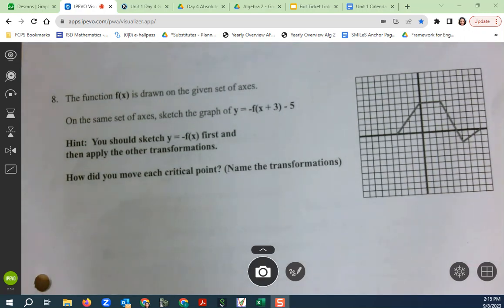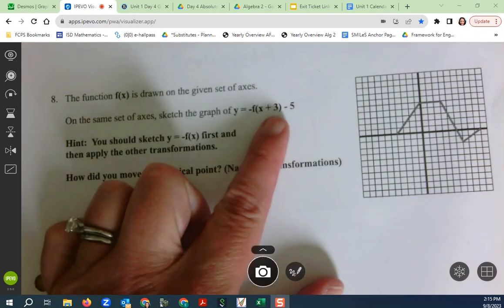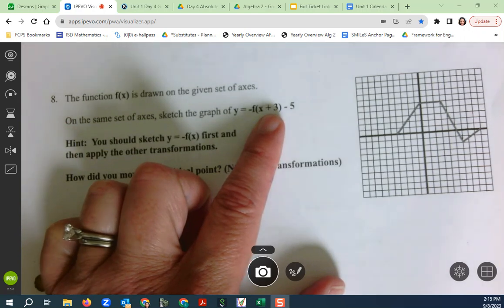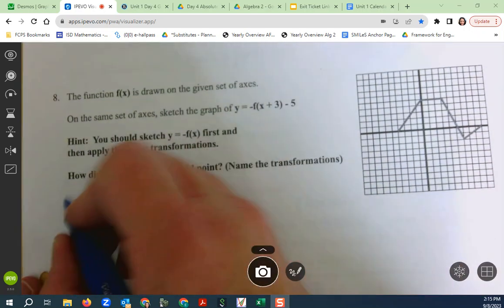A shift, what kind of shift do you think? To the right? With a plus? The plus goes to the left. Good. So it's going to shift left 3.